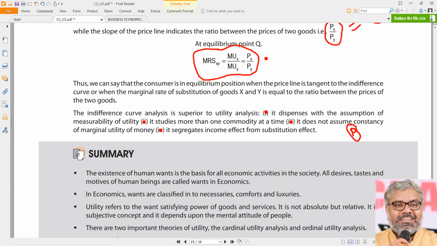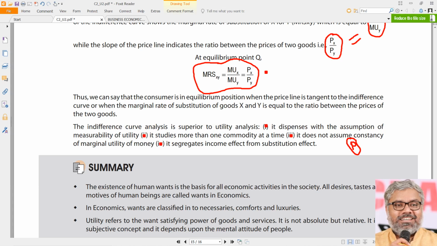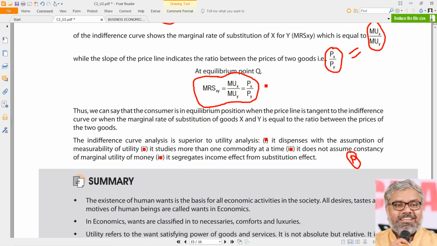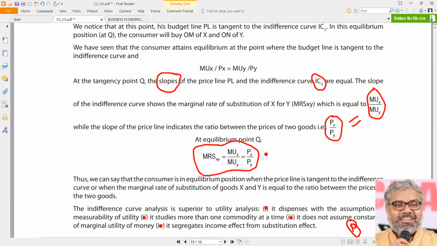So both need not be just given a common name of price. These two can be segregated from each other, which is one of the benefits of indifference curve analysis, which we already discussed: the income effect and substitution effect in the theory of demand.